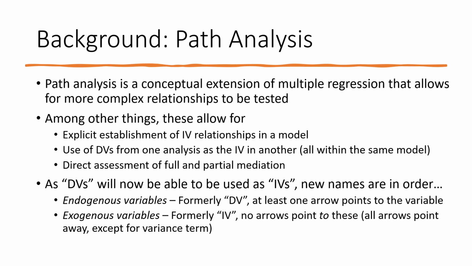If a variable doesn't have an arrow pointing to it, it's exogenous. The phrasing for this comes from where the variance is coming from. For endogenous, the variance is explained in the model; we believe we're explaining the variance in the model. For exogenous, the variance for the variable is not being explained in the model. It's from outside, exo.